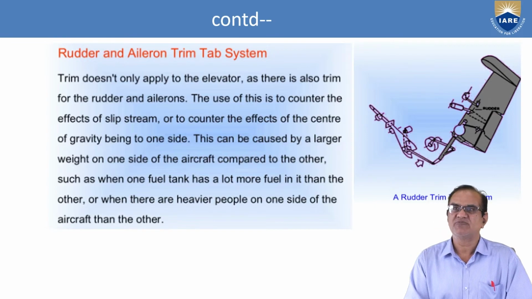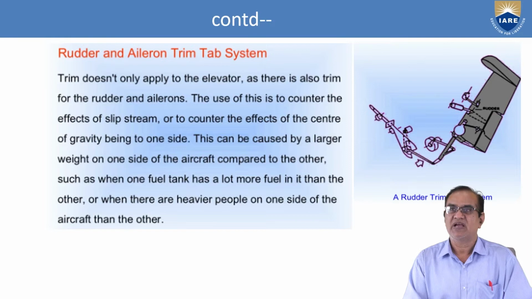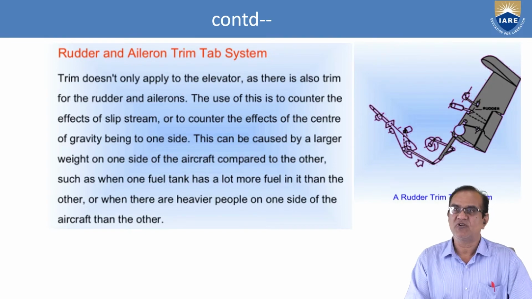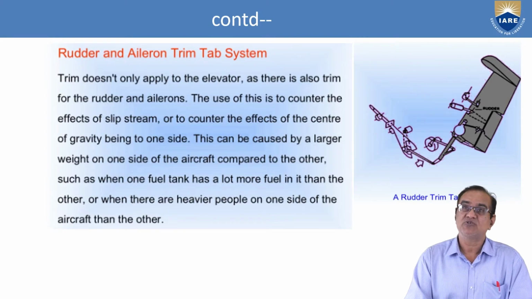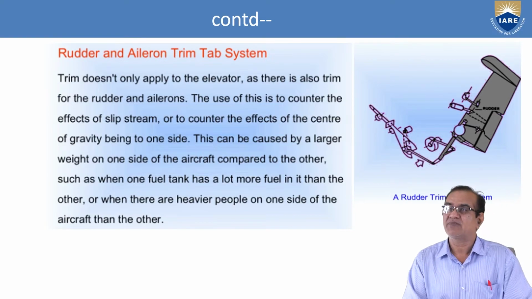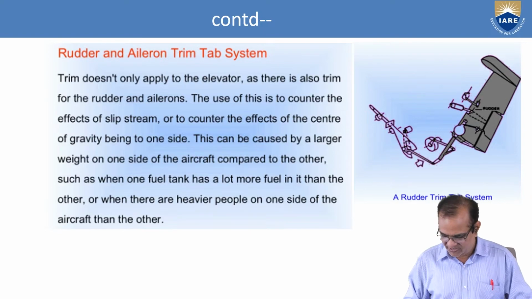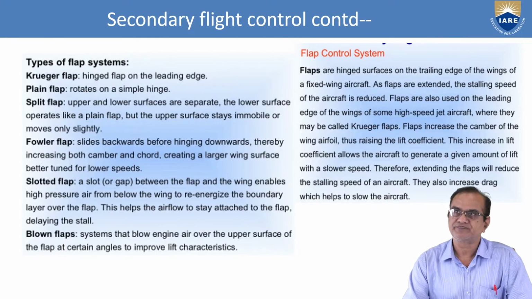This can be caused by a larger weight on one side of the aircraft compared to the other, such as when one fuel tank has a lot more fuel in it than the other, or when there are heavier people on one side of the aircraft than the other. So these rudder and aileron trim tabs are also used to balance the center of gravity of the aircraft.